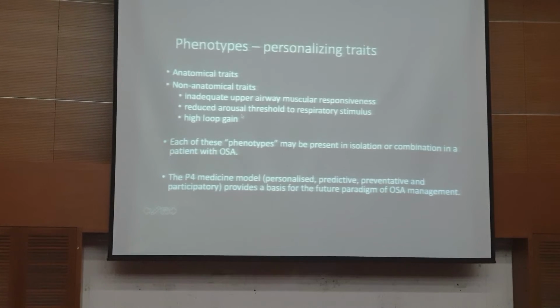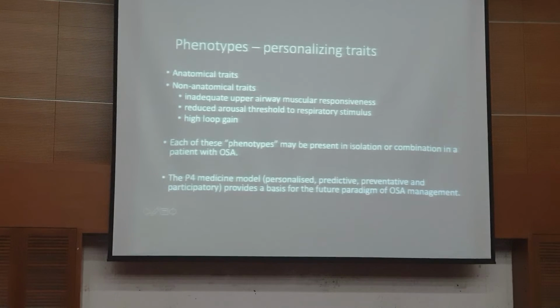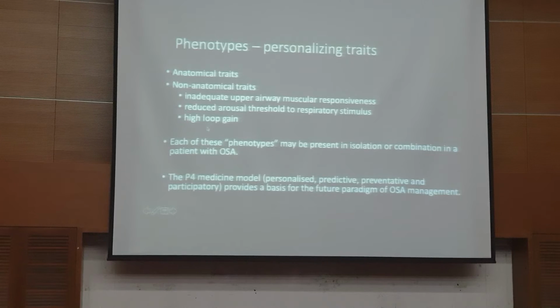Of course, they would get sleepiness. Another one is high loop gain. High loop gain is where a little bit of oxygen desaturation causes a lot of changes, like the dilator muscle working too much, so that the patient is aroused from sleep. This is something that I cannot explain; you have to read to understand more.